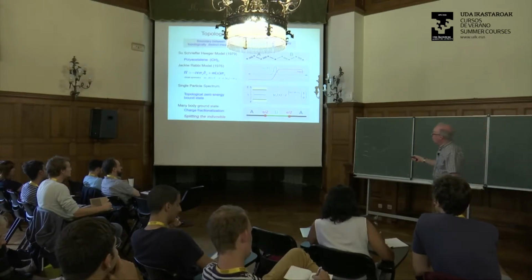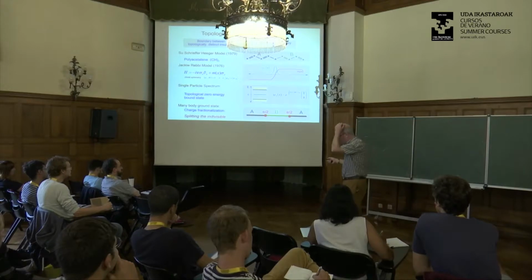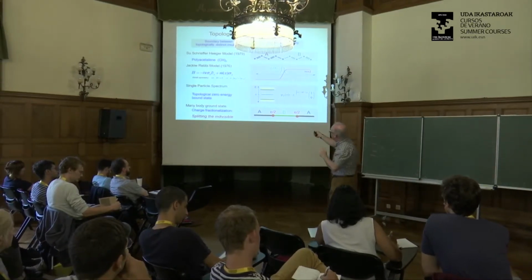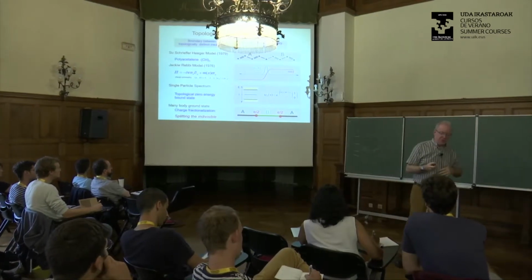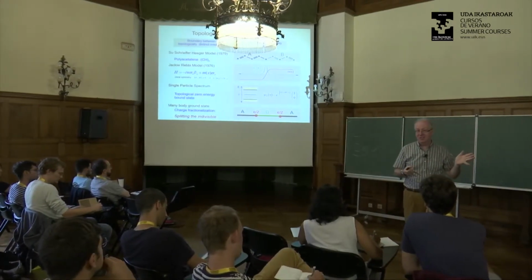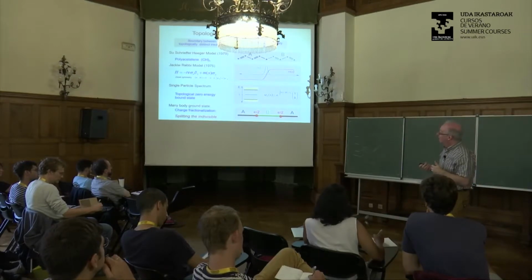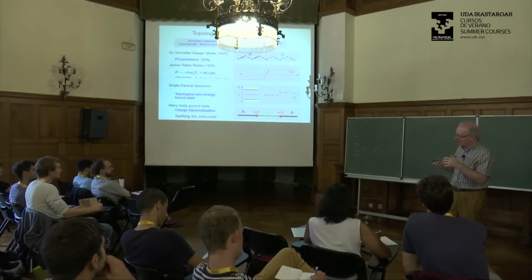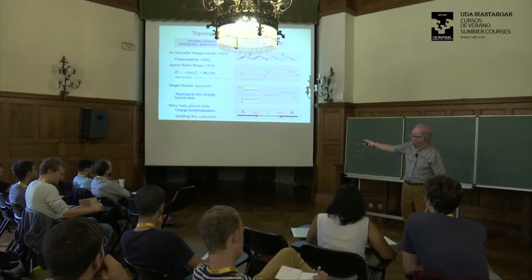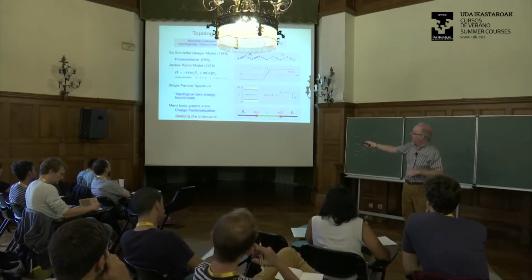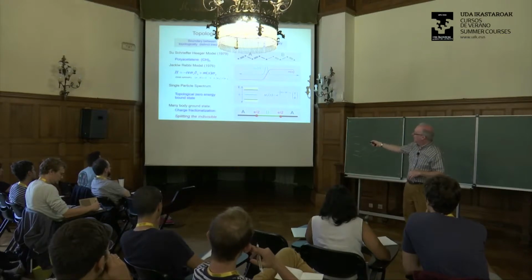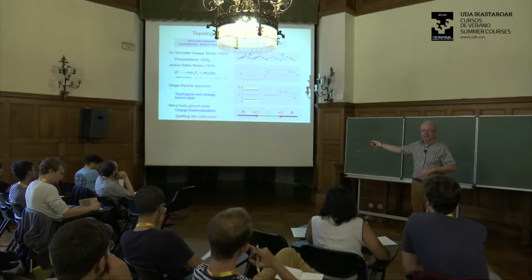Now I want to make one comment about this. All of this discussion, I've been talking about the single particle eigenstates. Thinking about the one-body eigenstates, I have a one-body Hamiltonian that has an energy gap, and then on this boundary I have this zero energy eigenstate.